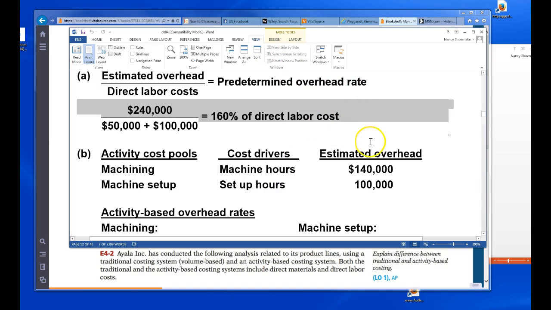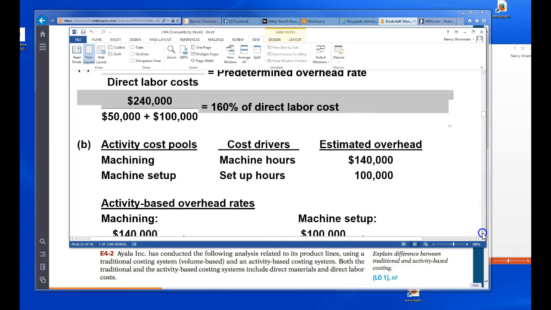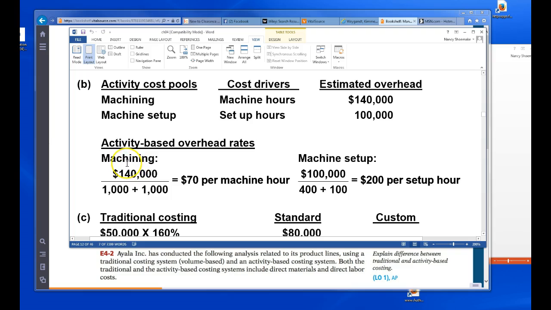It gives us our estimated overhead of 140 and of 100 to help us determine then that the machining is 140,000 of estimated overhead divided by the machine hours ultimately gives us $70 per machine hour.